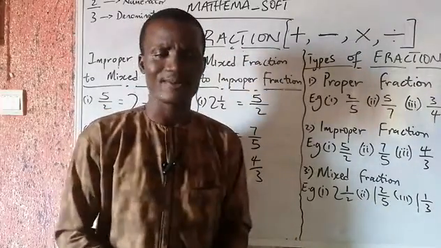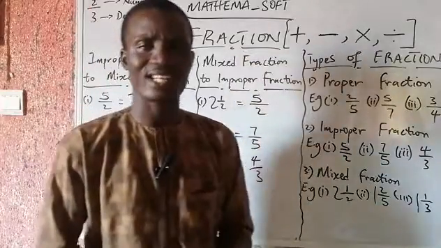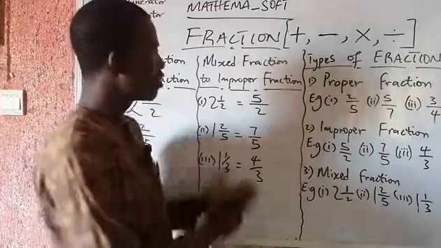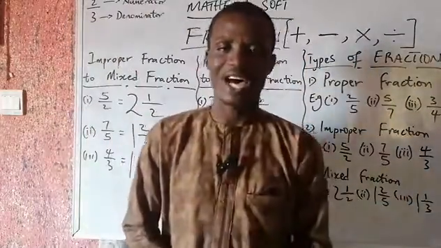So we'll be stopping here under fraction in today's class, and then we'll proceed in the next class to dive properly into the knowledge of fraction using all these operators that we have on the board.